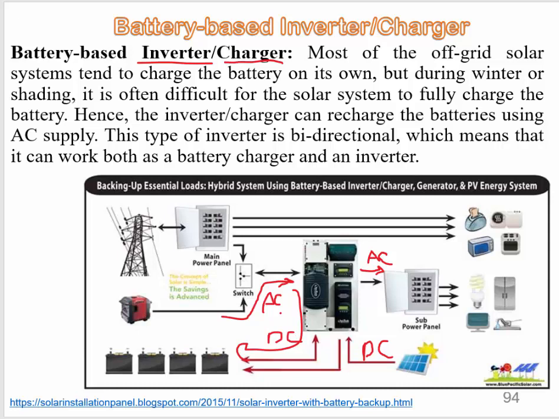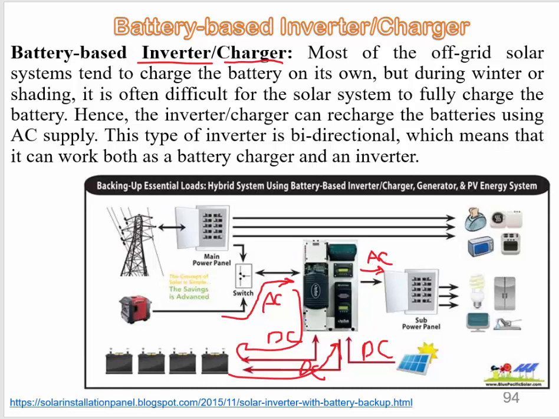So it works as a charger at this part, converting the AC into DC and storing this energy in this bank of batteries. Or it can take the DC energy from the panel or from the batteries, and convert this DC energy into AC energy.